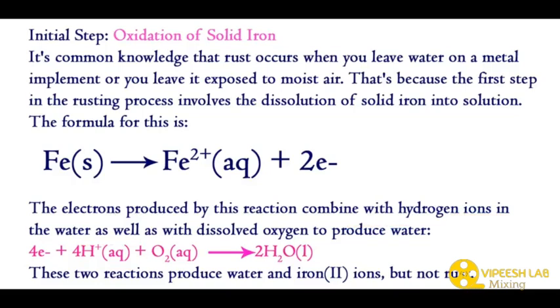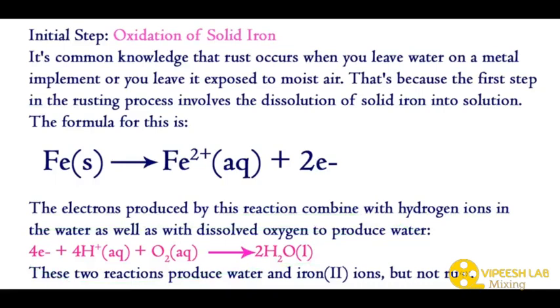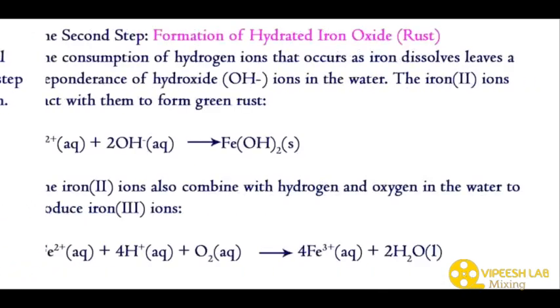So these electrons will be combined with the hydrogen as well as oxygen dissolved in the water, and water will be produced. So you can see the equation over there, and it's a balanced equation. These two reactions produce water and iron 2 ions, but not the rust. We need more steps to learn.